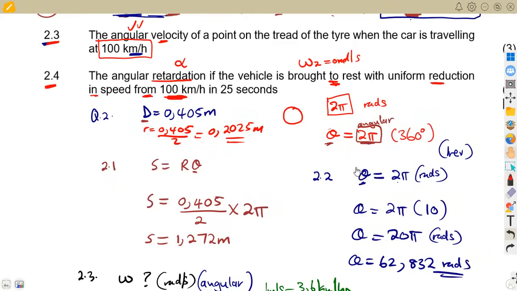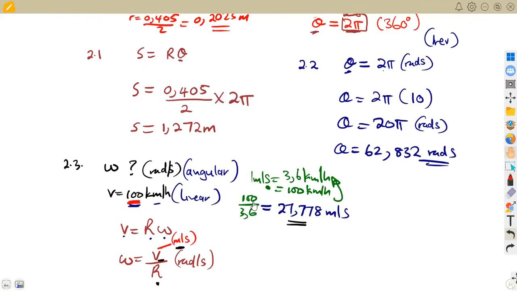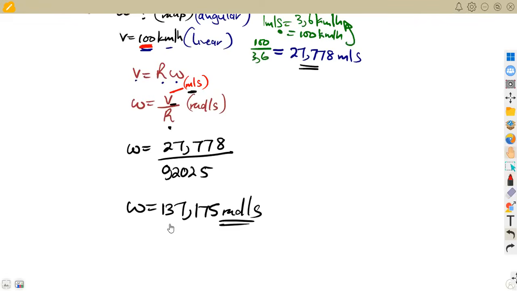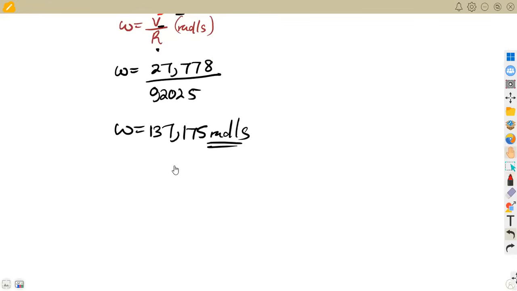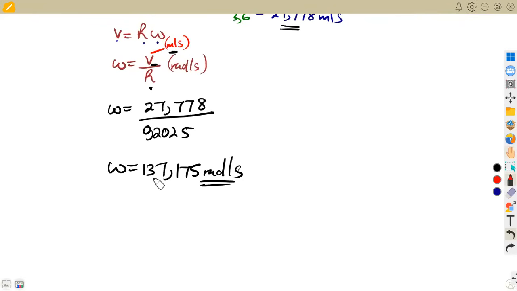At 100 kilometers per hour, our angular velocity was 137. This is the value that we are going to work with, so I want us to write it here.